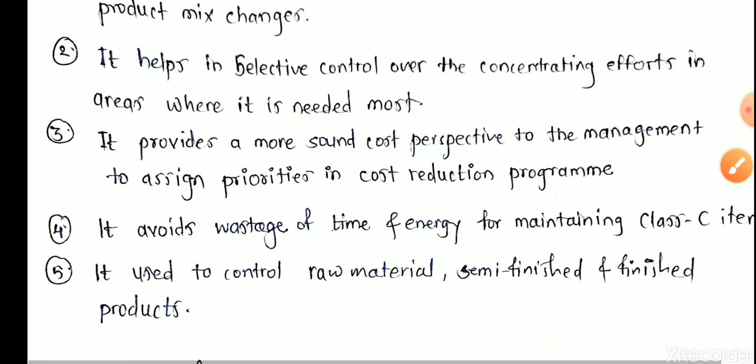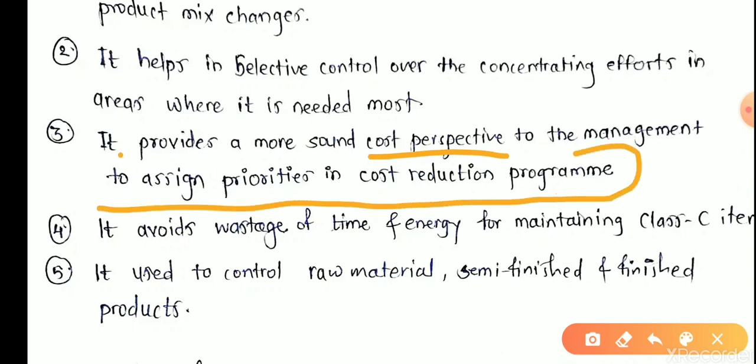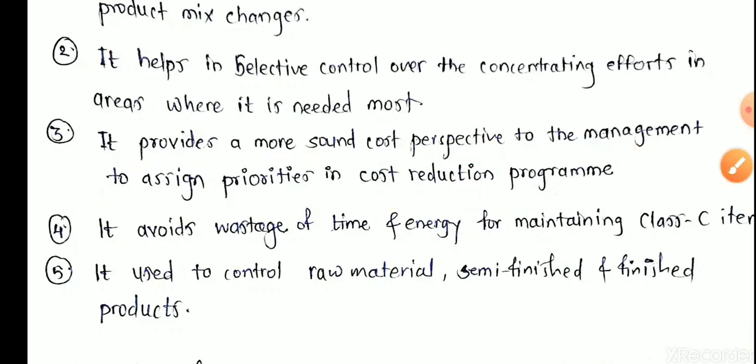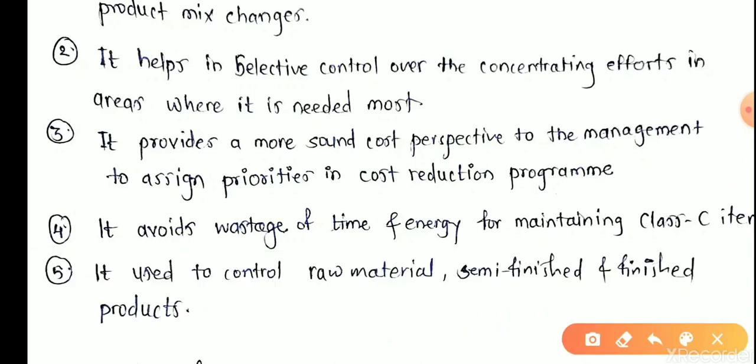Are you getting this? Now point C, it provides a more sound cost perspective to the management to assign priorities in cost reduction programs. After the ABC analysis we directly know which type of items have more value, which type of items are taking more money from us. Hence we focus on them to reduce the inventory cost. For example, A and B items, our cement bags, sand, steel come under this.